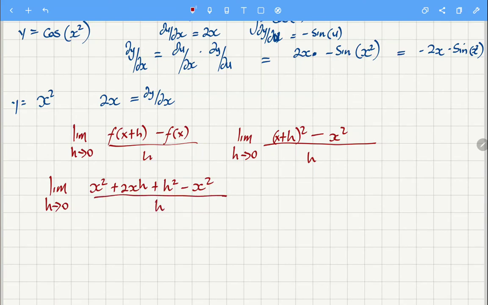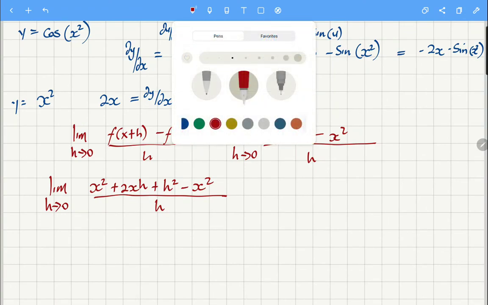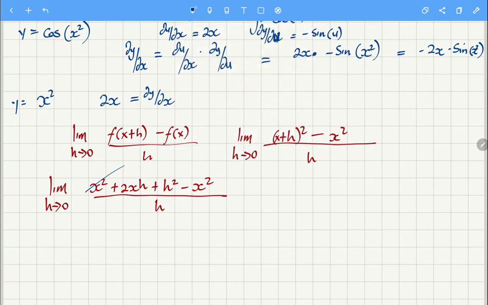Okay, and then so that and that cancel out. So that goes on to the limit as h approaches 0 of 2xh plus h squared, all over h.